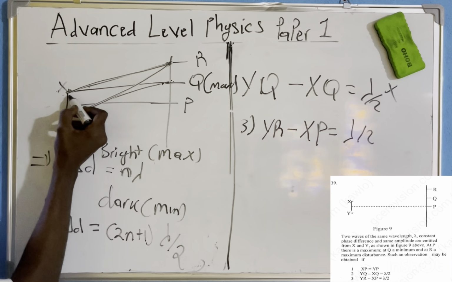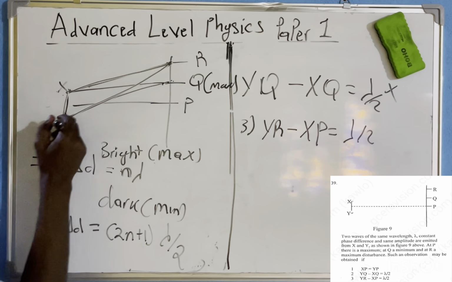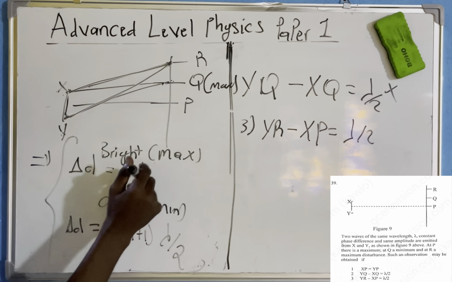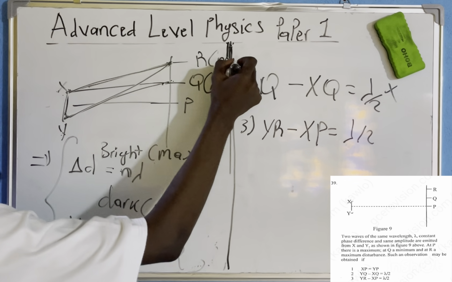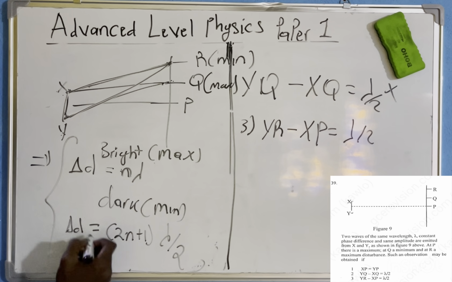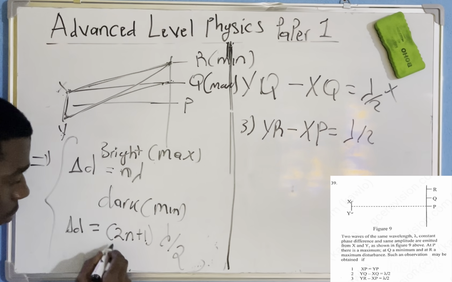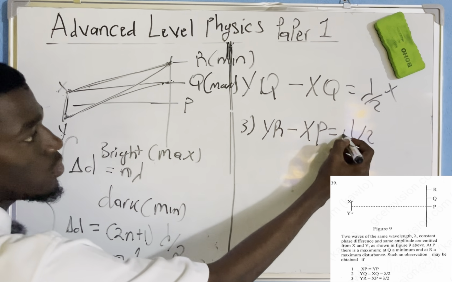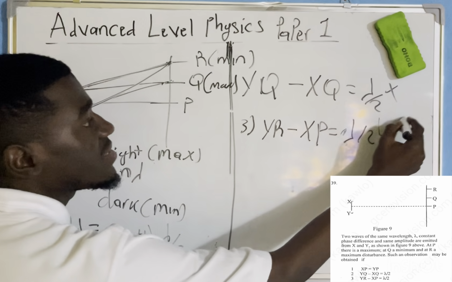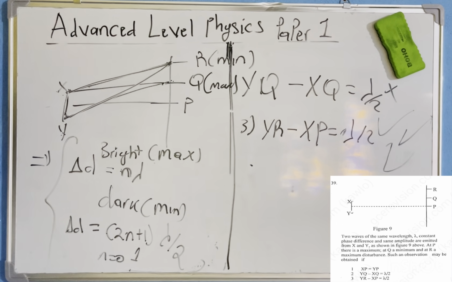Since here is a minimum which is formed, the answer of that path difference should be written as an odd number of half the wavelength. Example, when n takes the value 0, the first odd number is 1. So I'm having 1 times half the wavelength, making the third statement very correct. So that is it, as simple as that.